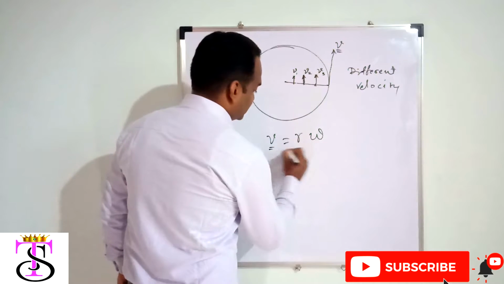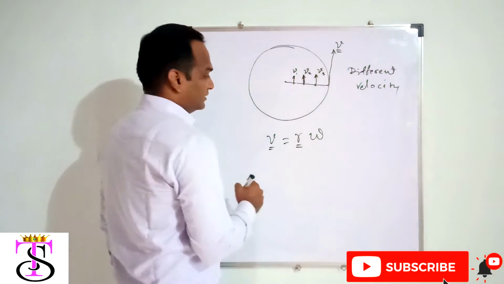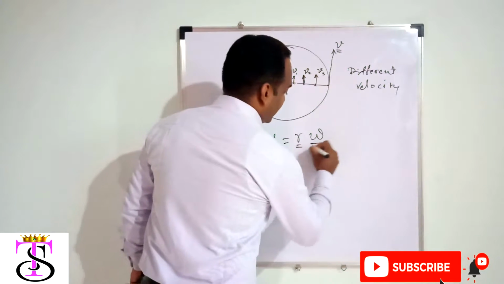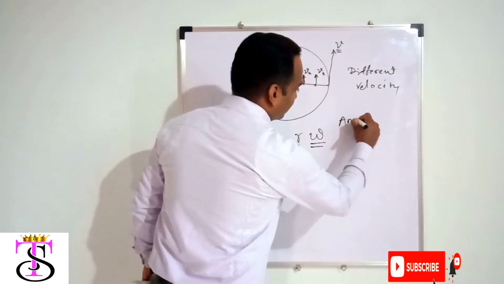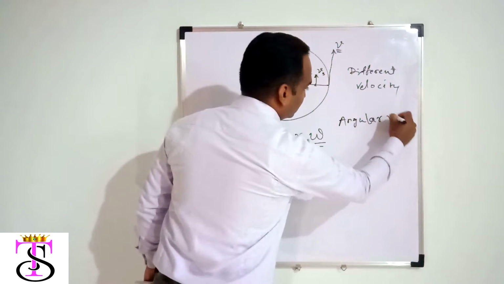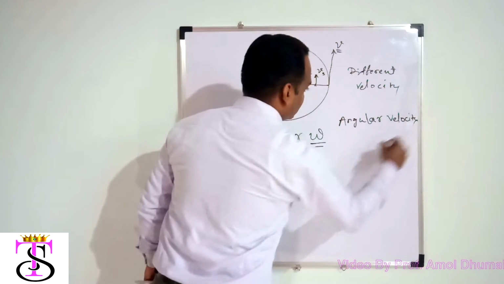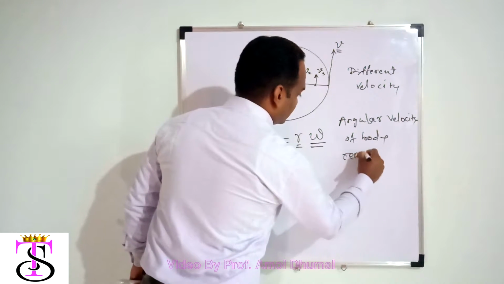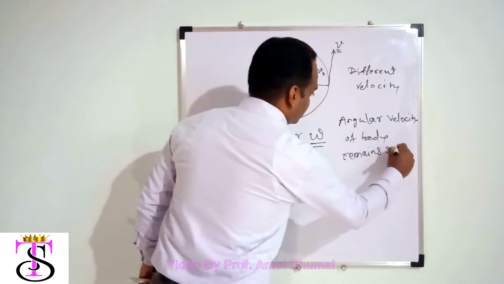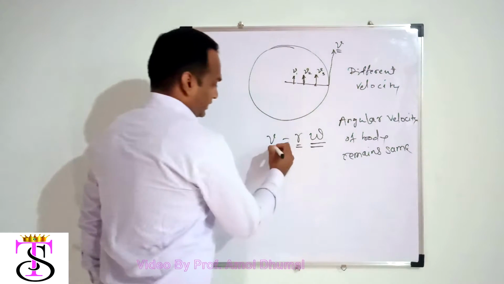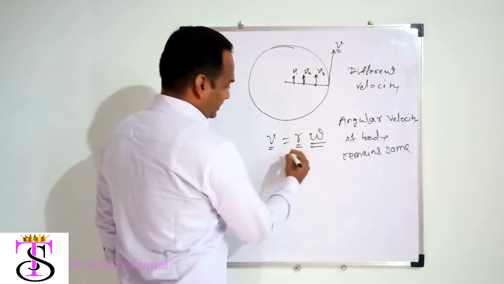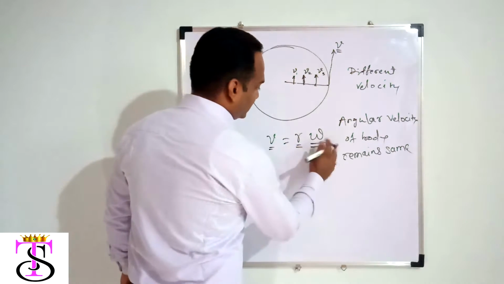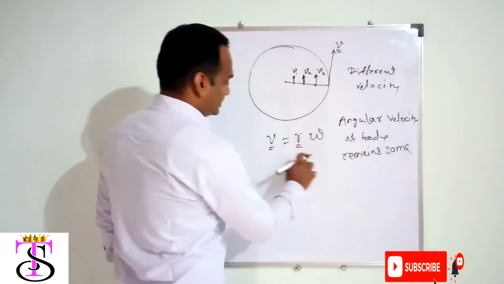So this velocity changes with radius r, though the angular velocity of the body remains the same. As v is equal to r omega, v changes with r though omega is the same.